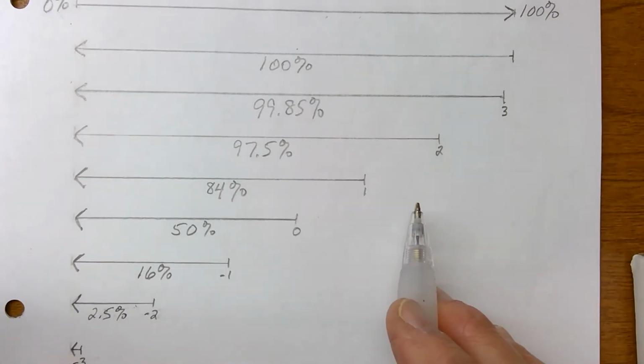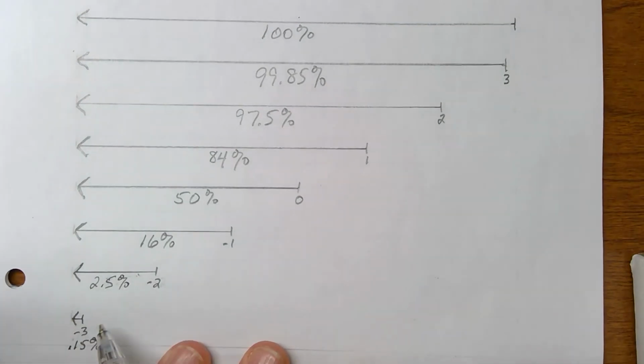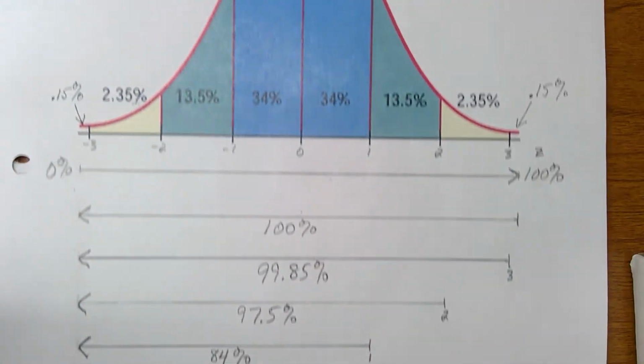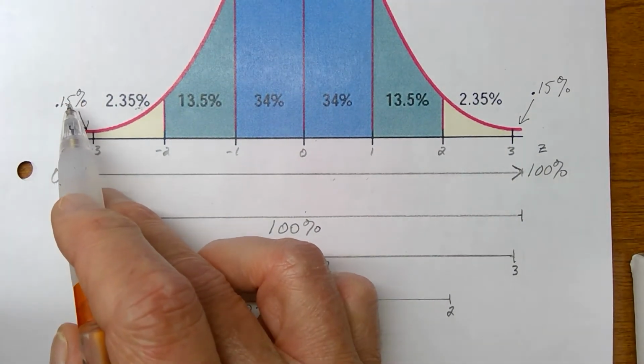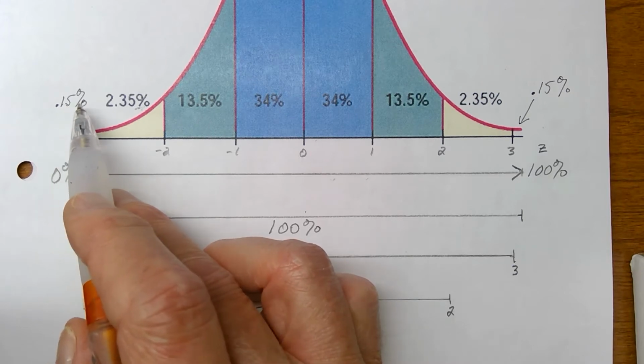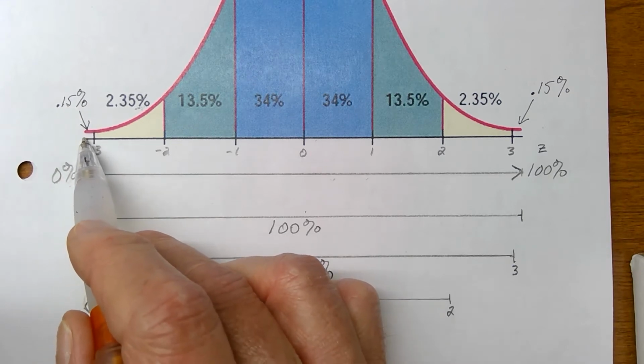And then finally, you have your tiny, tiny little space to the left of -3, and that's not very many people. That's not even a whole percent. That's 0.15%. That's a part of 1%. That's not even a whole person. That's a part of a person. It's technically 15 hundredths of a person. So there's hardly anything there.